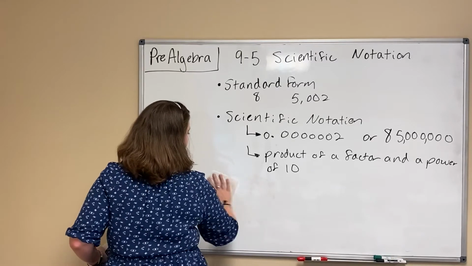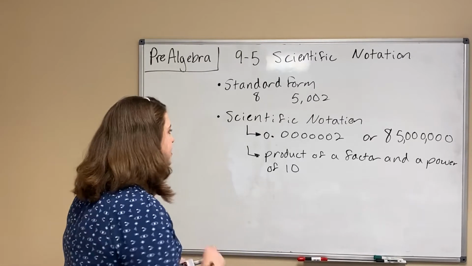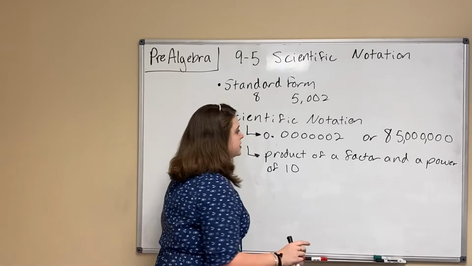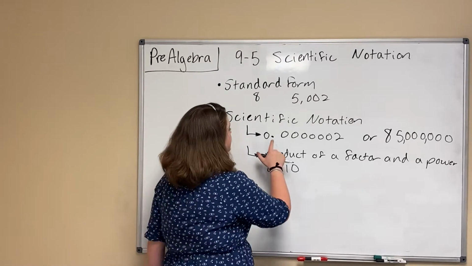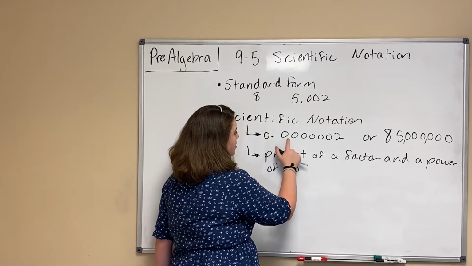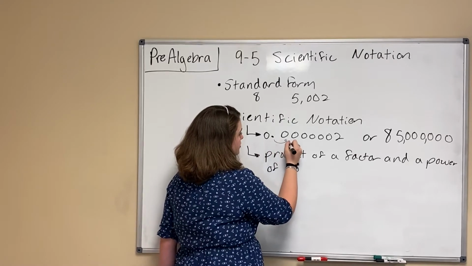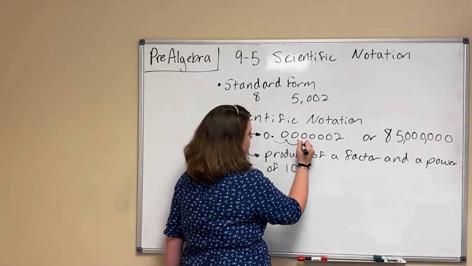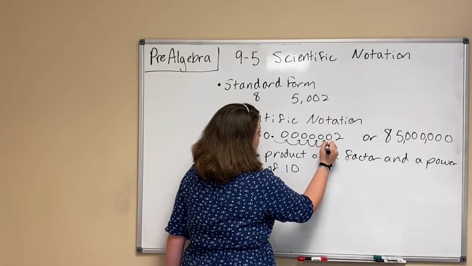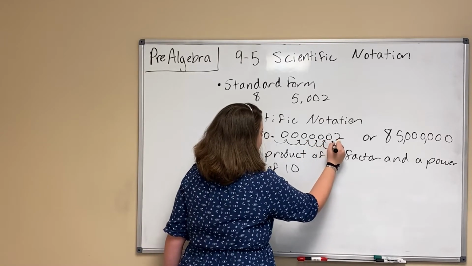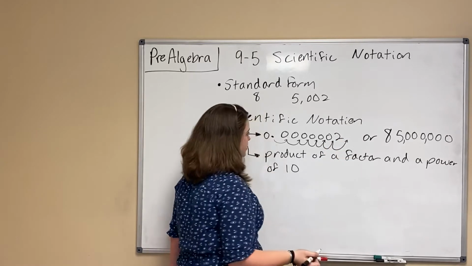So the easiest way to translate something into scientific notation is to count how many times I'm moving the decimal place. So from here, 1, 2, 3, 4, 5, 6, 7.